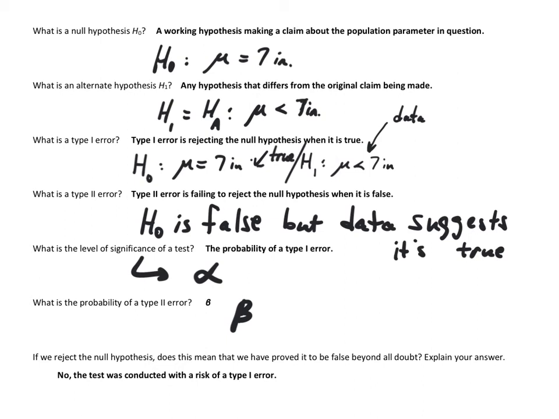If we reject a null hypothesis, does this mean that we've proved it to be false beyond all doubt? That is no way. Don't even worry about using the word prove, because this is just arguing your data that you've collected over what's already established, if there's data already established.